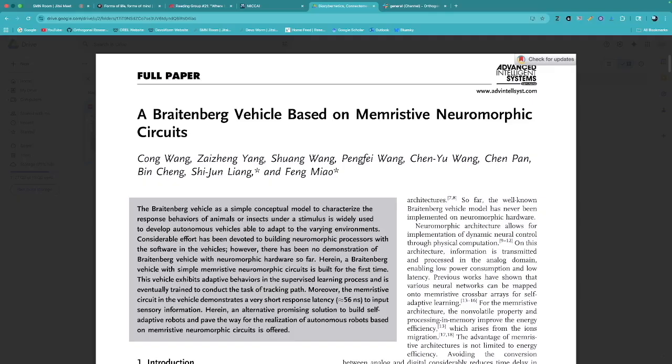This vehicle exhibits adaptive behaviors in the supervised learning process and is eventually trained to conduct the task of tracking paths. So basically, they're trying to train the vehicles to do path following, basically following a stimulus, following that gradient outward, and building a path.